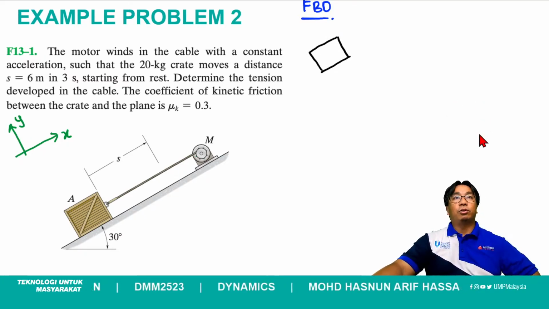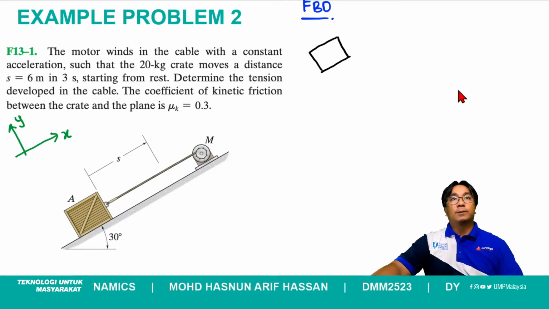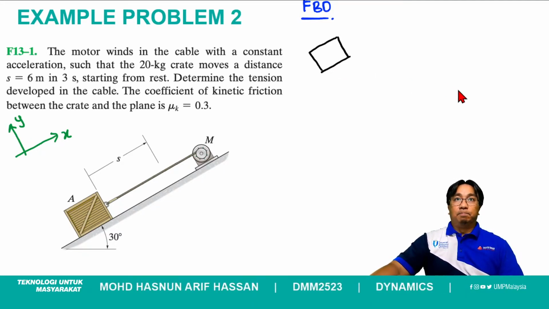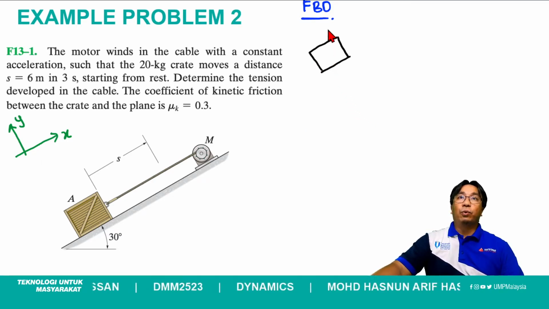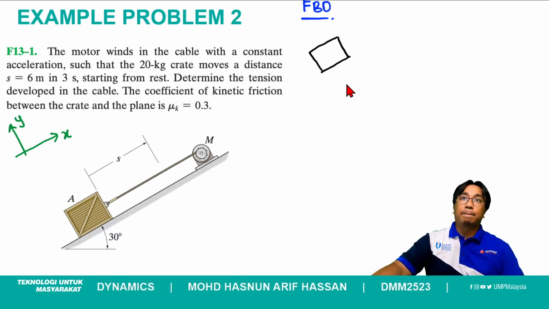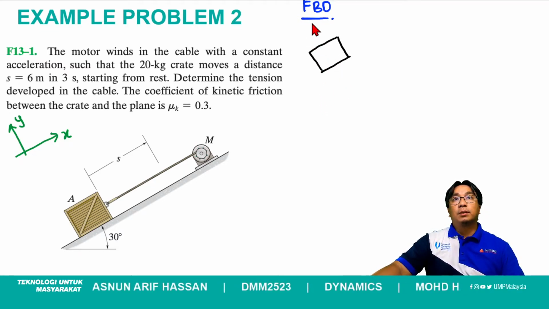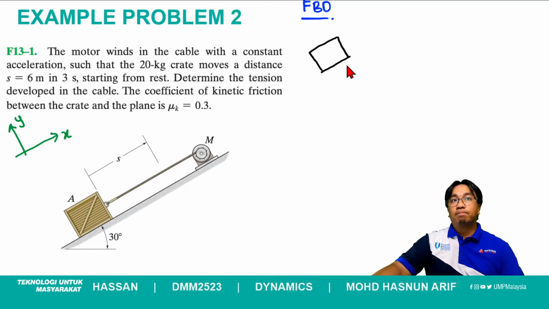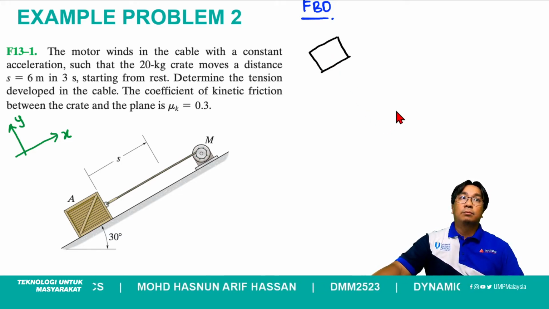So how do you draw the free body diagram? What are the forces acting on the box? Wait. There will be a weight, yes. So weight akan point ke mana? Point senget. Macam ni. To the ground. Ke bawah. Ke bawah straight ke bawah senget at an angle? Bawah straight.